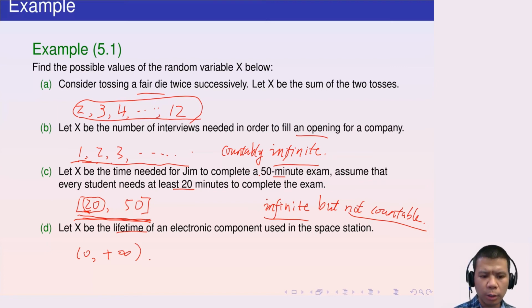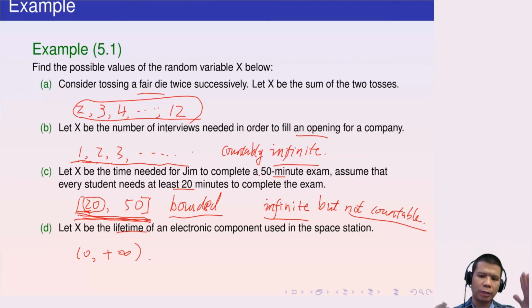Now, however, this interval, even though it is infinite and not countable, it is bounded. You have a lower limit 20, upper limit 50. So it is bounded.